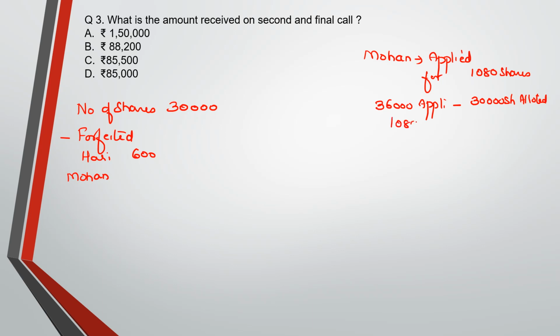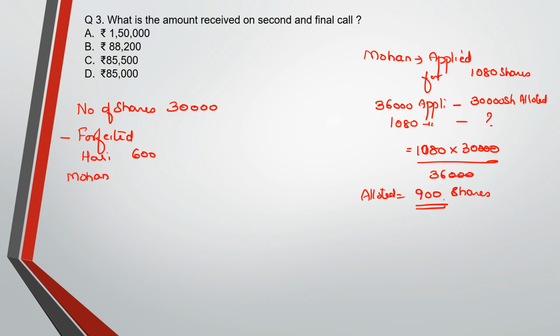Therefore, for 1080 applications, how many allotted? So cross multiply 1080 into 30,000 divided by 36,000. If you do the calculations, it would come to 900 shares. Therefore, Mohan was allotted 900 shares.